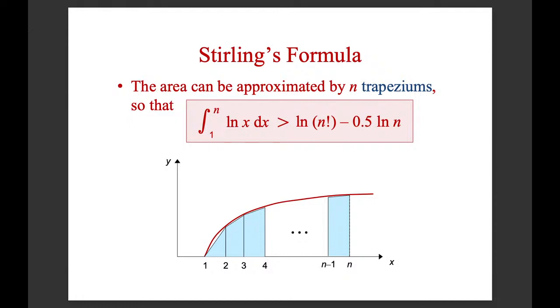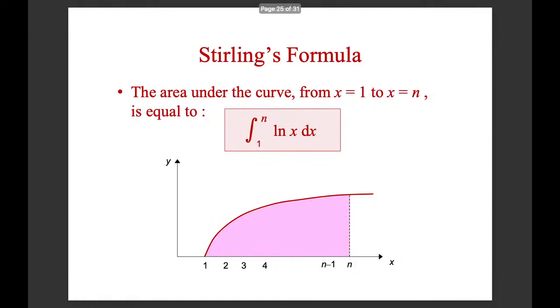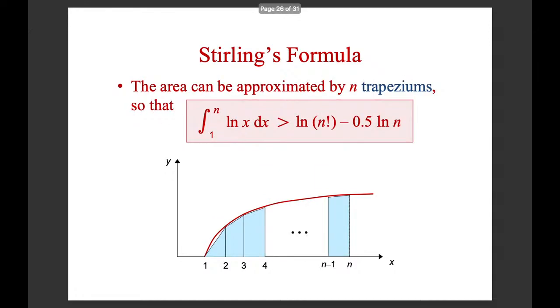So with the connection between the area under the curve here, the purple part, and this one, the pale blue part, which is the total area of the trapeziums, we have a bound for log n factorial. So here we have actually an upper bound of log n factorial.